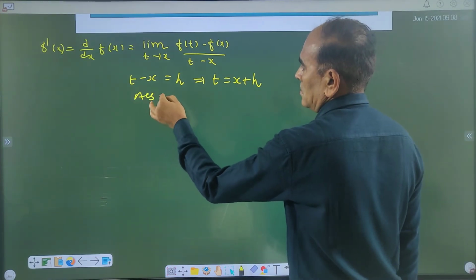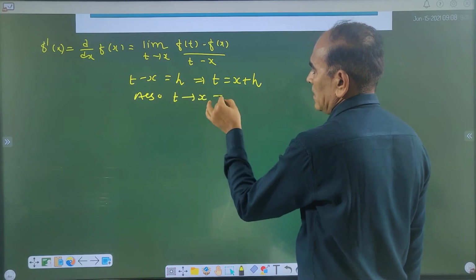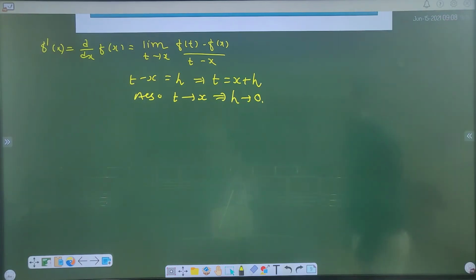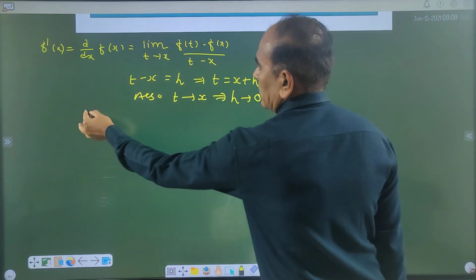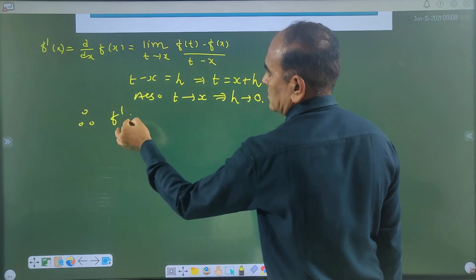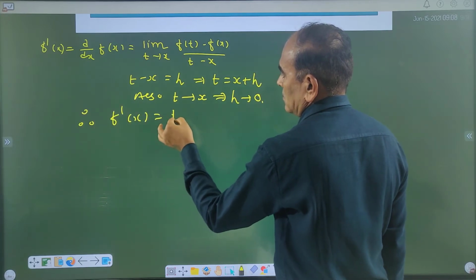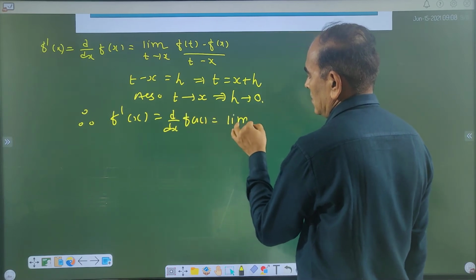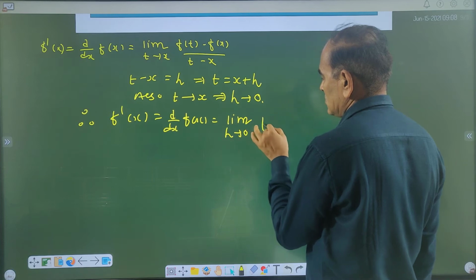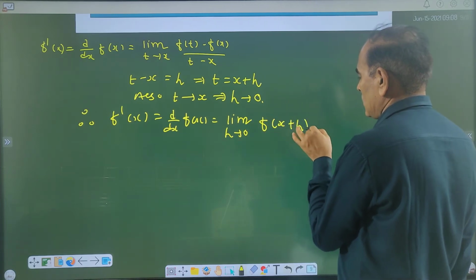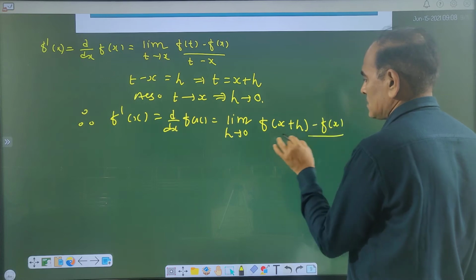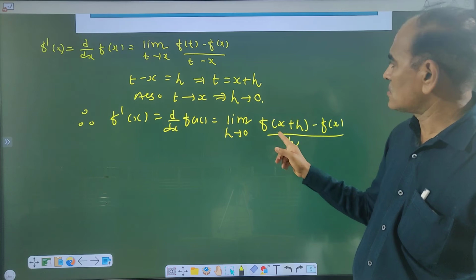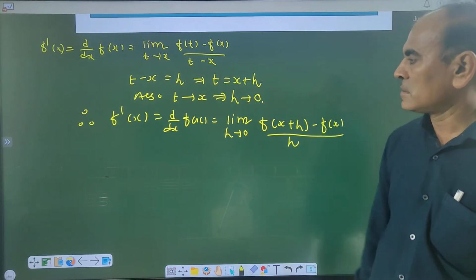Also t tends to x implies h tends to 0. Clear? And therefore, f dash x, or otherwise d by dx of f(x), is equal to limit h tends to 0 of f(x plus h) minus f(x) upon h. Why? Because t is equal to x plus h and t minus x is equal to h.